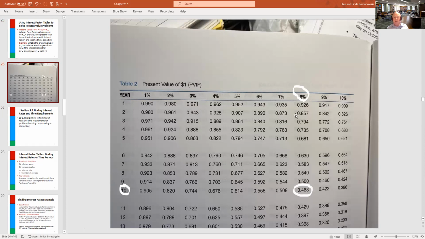The 8% number and the 10-year number merge at 0.463 on that chart. So the factor is 0.463. We multiply that by $1,000, and that's where you get the answer of $463. Again, this is a rounded number. If the factor went to 4 digits, it would include the cents as well.